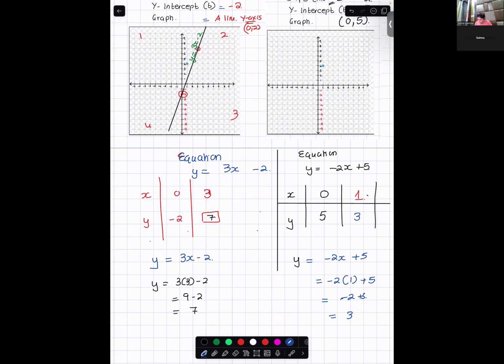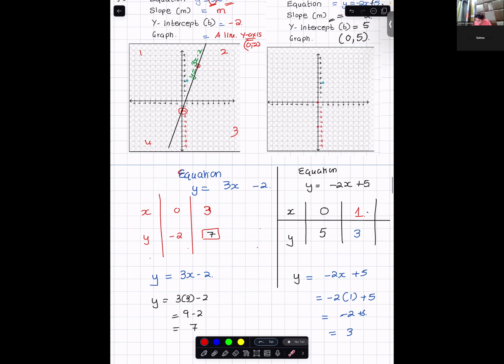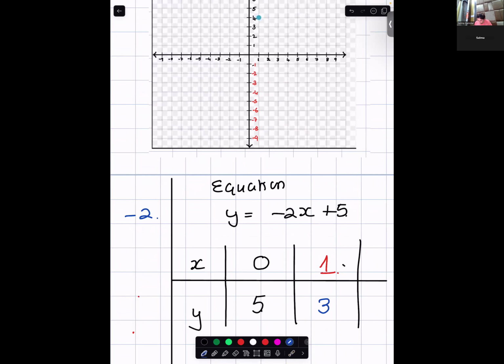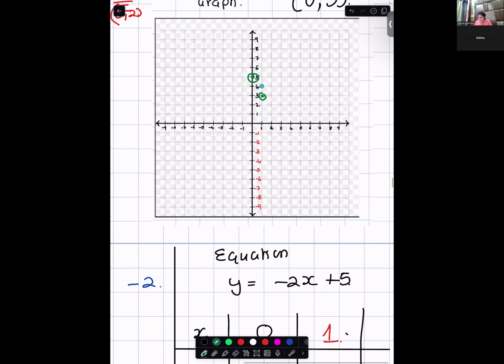So my first point would be x is 0 and y is 5. Second is x is 1 and y is 3. You should know very clearly it is a negative slope.